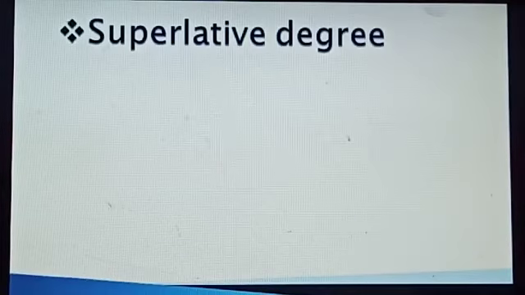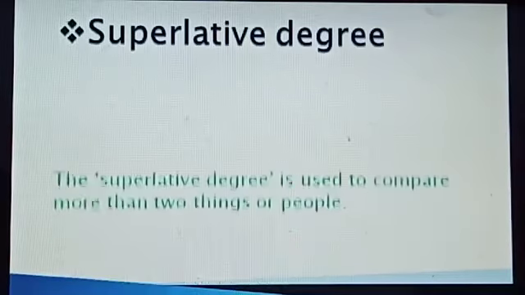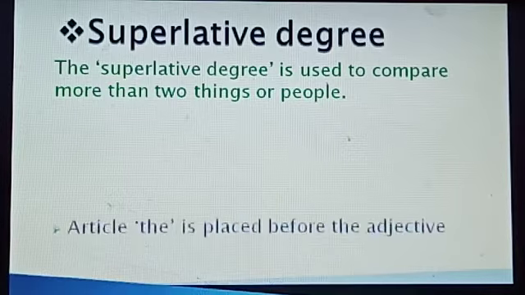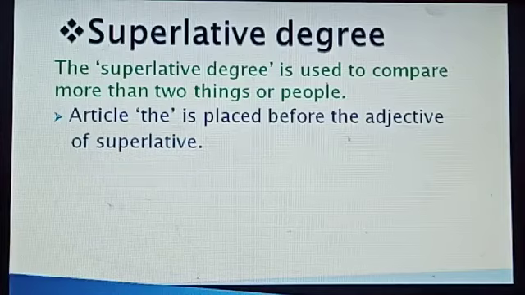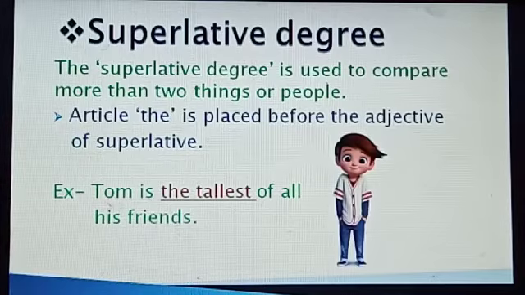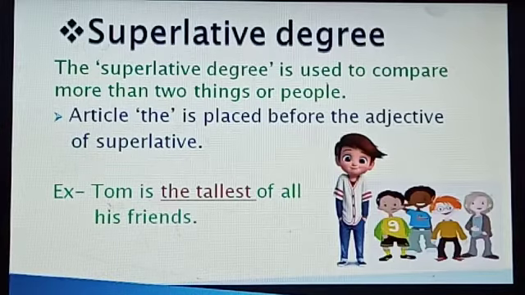Then the third one is the superlative degree. The superlative degree is used to compare more than two things or people. See the example. Tom is the tallest of all his friends. One more thing here: we always place "the" before the superlative degree.